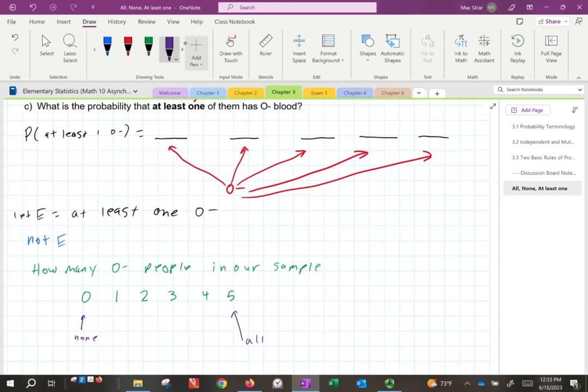Now, what we want is at least 1, which means that the number of people who have O negative blood should be 1, or it could be 2, or it could be 3, or it could be 4, or it could be 5. So one thing to note is that if I take away all of the at least 1 possibilities, the only possibility I'm left with is the none.